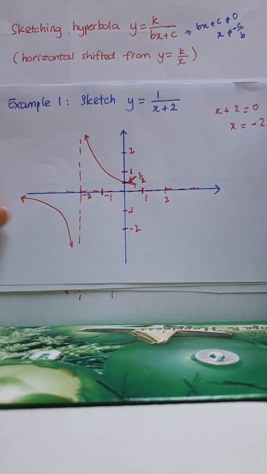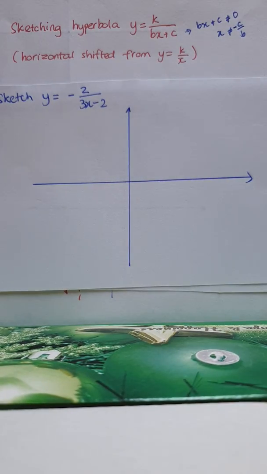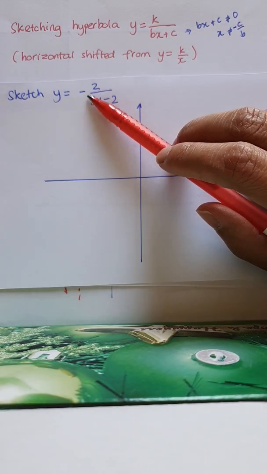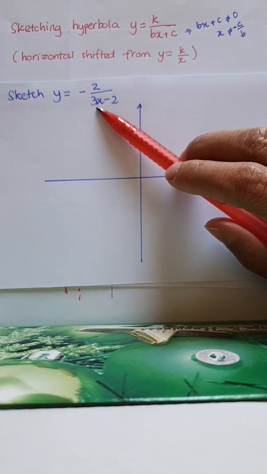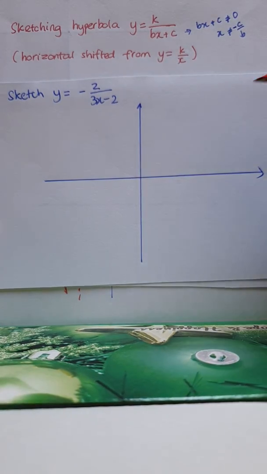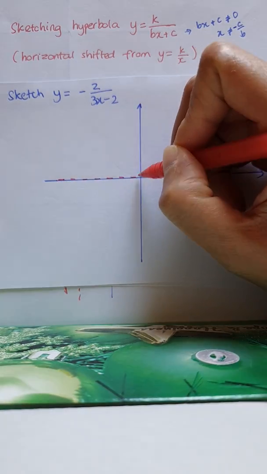Okay, let's go to example 2. Example 2, where k is negative, and you have a number in the coefficient for x over here. But it's nothing complicated. We will still do the same. So horizontal asymptote remains the same.